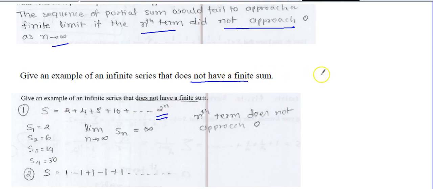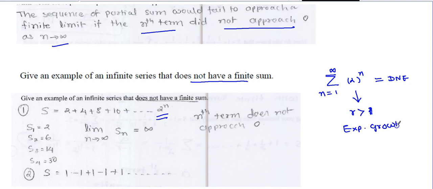For example, the sum from n equals 1 to infinity of 2 to the n does not exist, because r is greater than 1, which is exponential growth. We can say that this is an infinite geometric series, but the sum still does not exist.